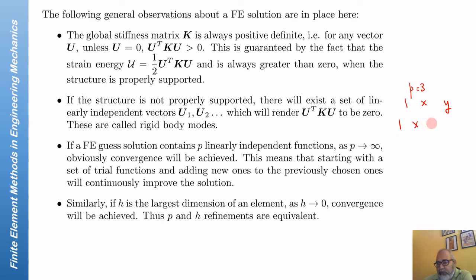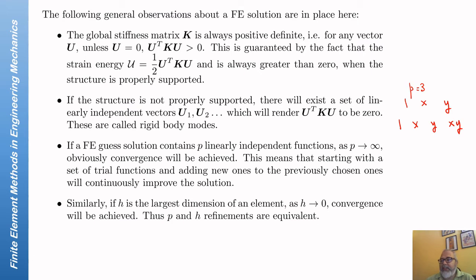As for the Q4 element, we have P equal to 4 because there are 4 trial functions. And these are linearly independent trial functions. So each of these are linearly independent, and we have defined linear independence when we did a little bit of linear algebra a few classes ago.